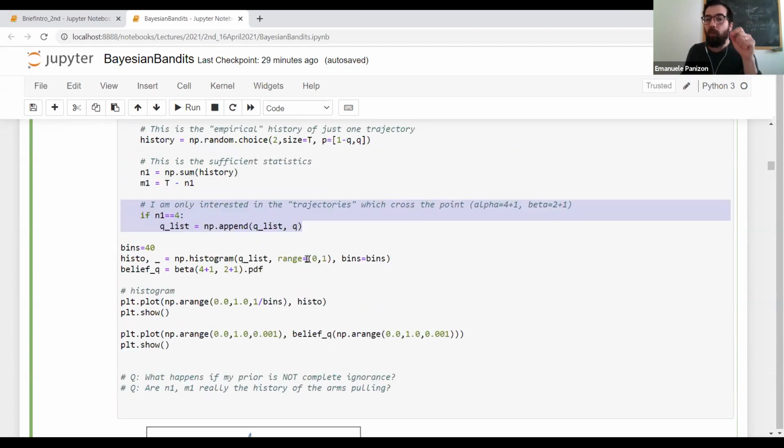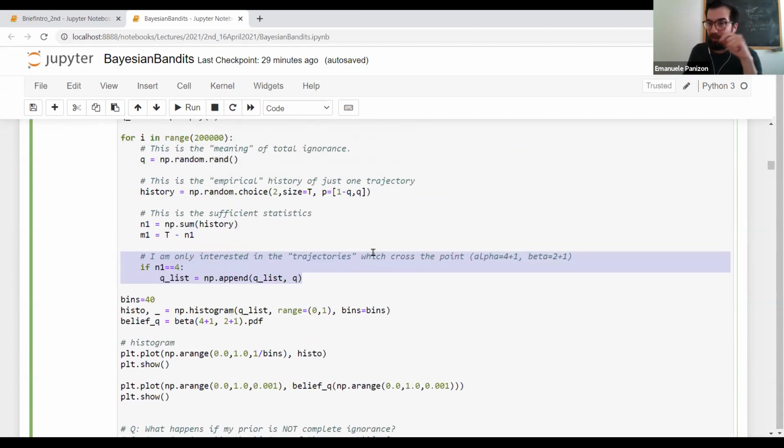And then my question is: if I arrived at that point, what is my distribution in the Q space? I take all the points which arrive there, write down their Q, and make a histogram. Do you have any questions about that?